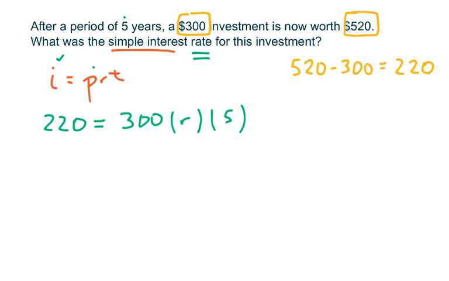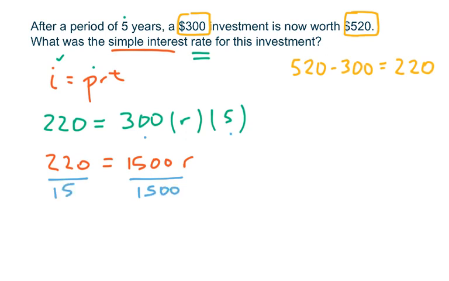The first thing I'll do here is simplify on the right hand side by multiplying the 300 by the 5, and I'll have 220 is equal to 1,500 times r. I'm one step closer to having this solved for r. The next thing I need to do is get that r by itself, so I am going to divide both sides by 1,500.